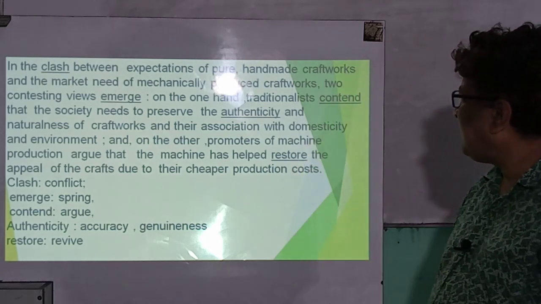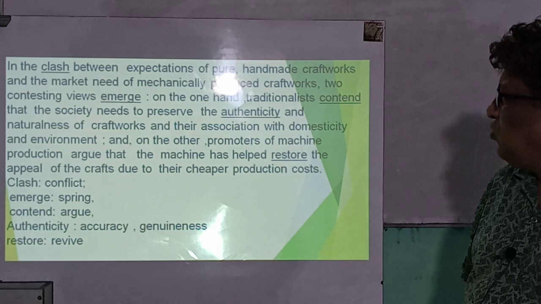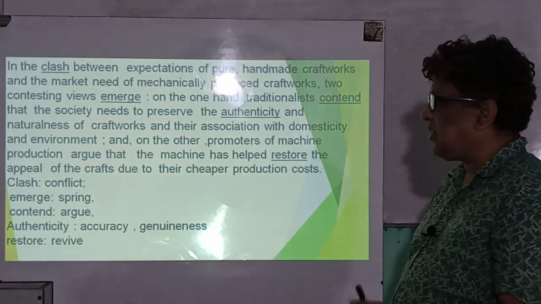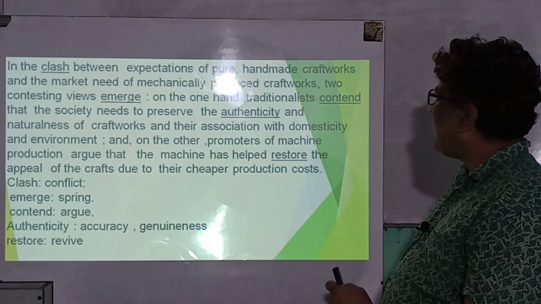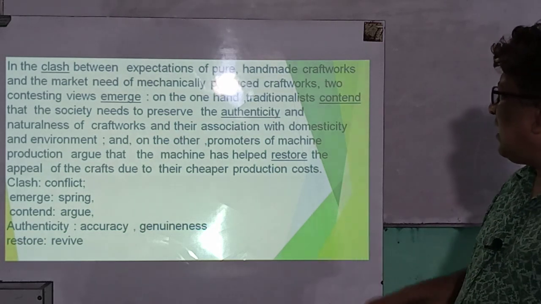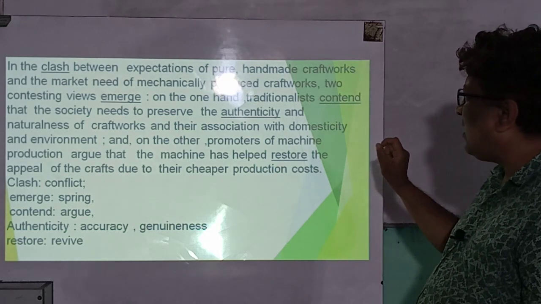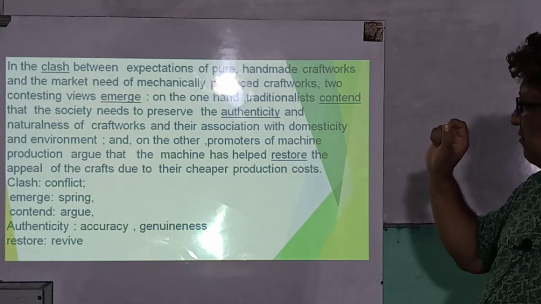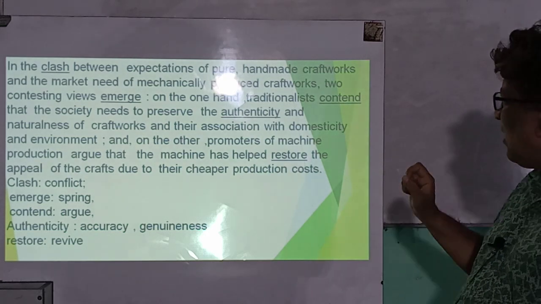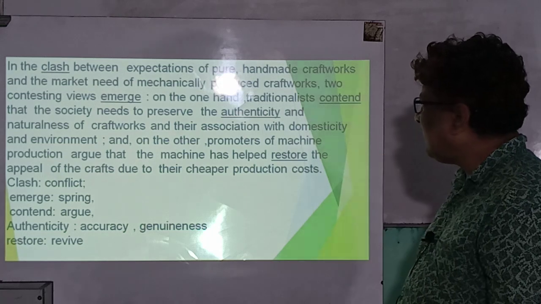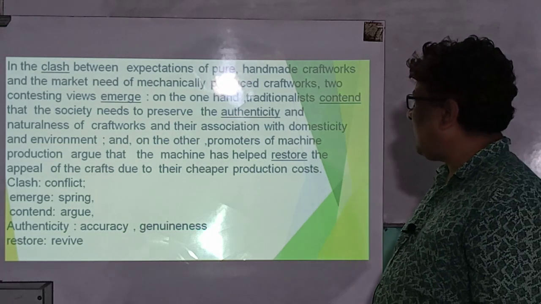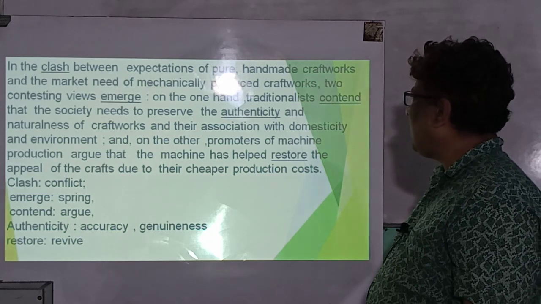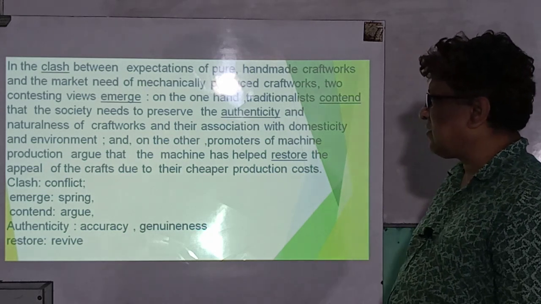On the one hand, traditionalists, those who are in favor of tradition, those who are in favor of pure handmade craftworks, they contend, means they give the reason, they give the ground that the society needs to preserve authenticity and naturalness of craftworks.